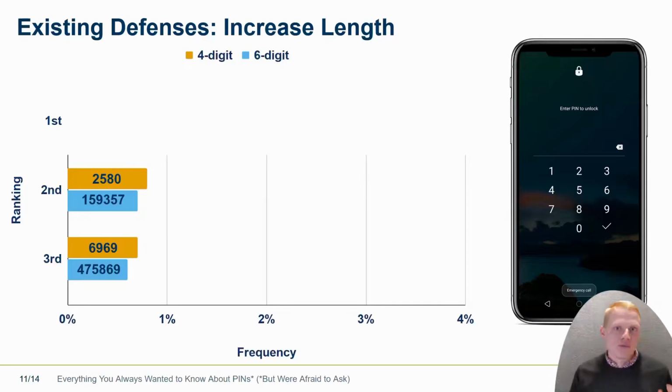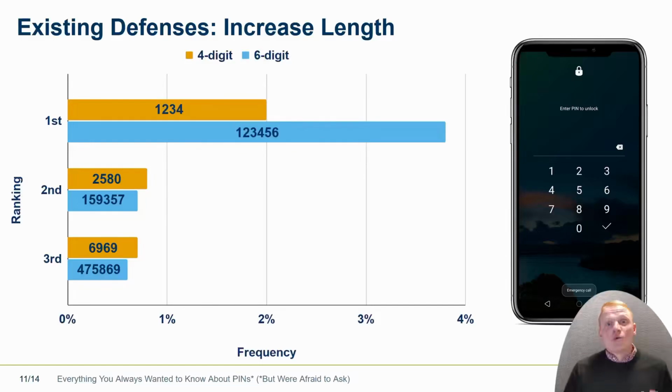If we look at the most popular PINs for 4 and 6 digits, not a big surprise which ones they are. We see, however, that 1, 2, 3, 4, 5, 6 is way more popular than its counterpart in the 4-digit case. So coming from the attacker's perspective again, if I just find a random phone on the street, my chances to get access to it are twice as high if there is a 6-digit PIN in place.